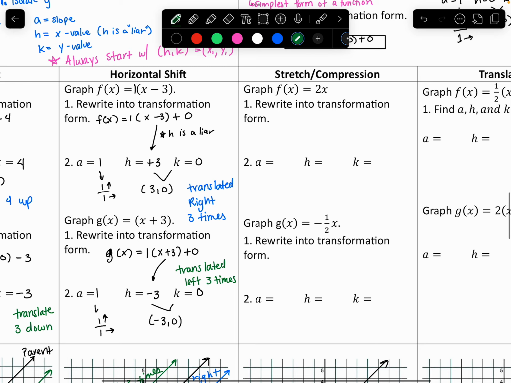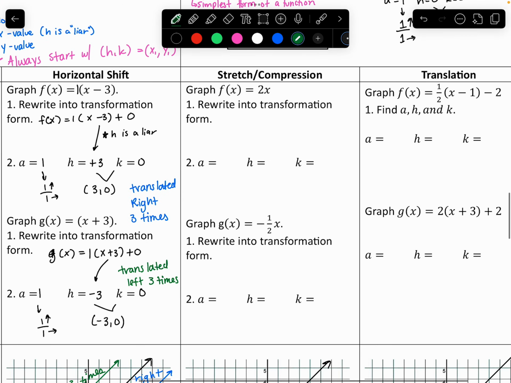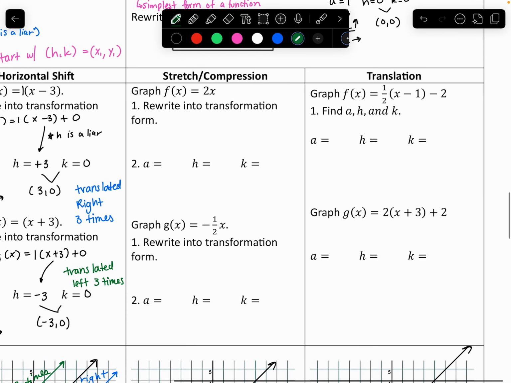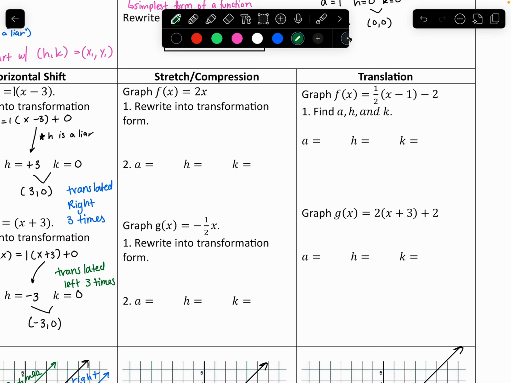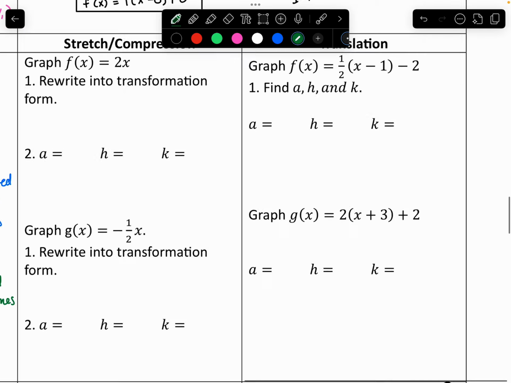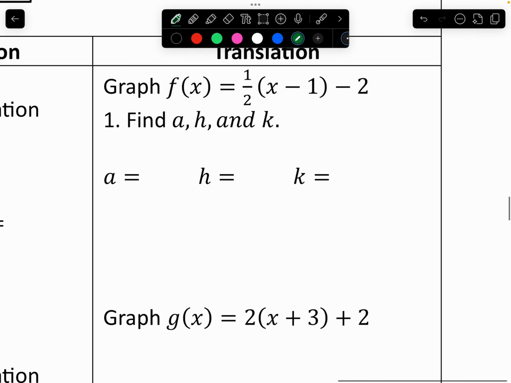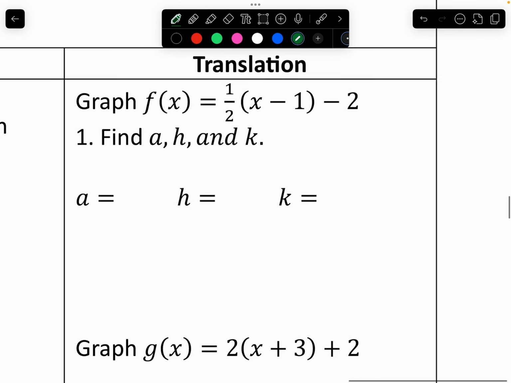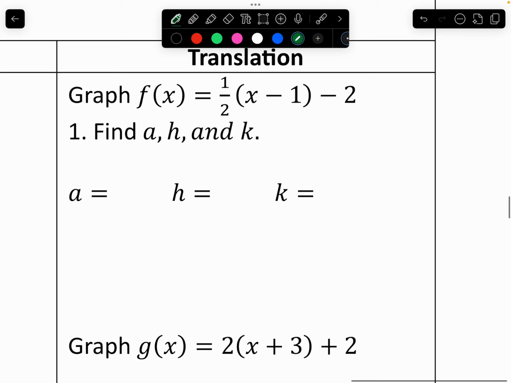All right. I'll let you guys do stretch or compression, and then I'll do this last bit for you guys. I might come back to this part on Monday, but this is the most important part right here.